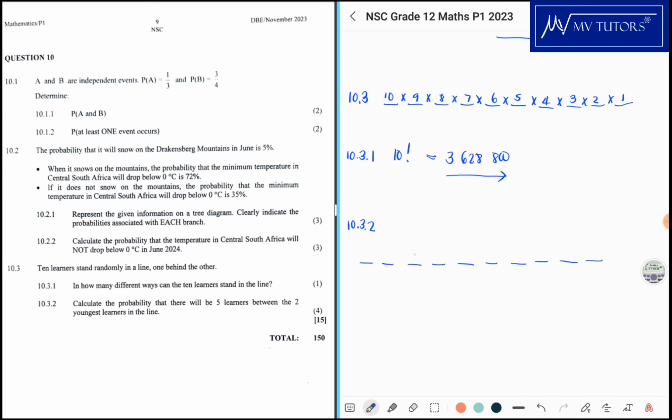I'm just going to take this. 5, 4, 3, 2, 1. And then these 5 learners go ahead with 2. So there must be 1 learner at this side and 1 learner at that side, occupying them. The 5 must be in between them.